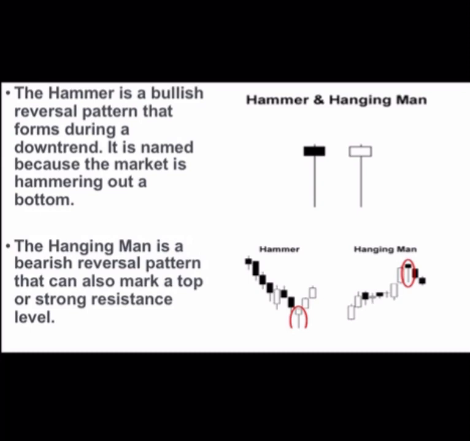The reverse is the case when you see this kind of candlestick in an uptrend: it means the market is going to reverse downwards. In that case, we call it a hanging man. That is quite understood, right? Look at it clearly again before I move to the next slide.